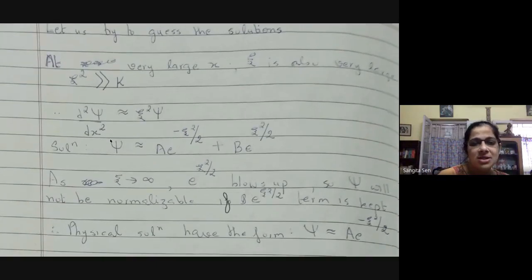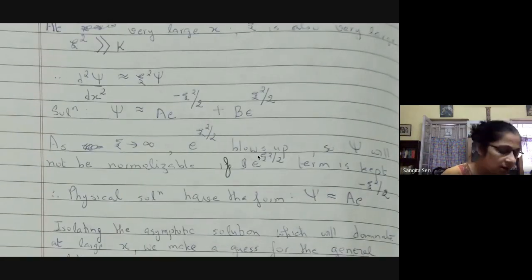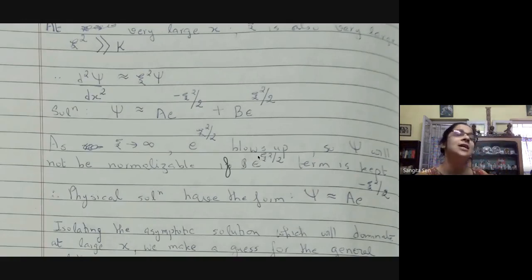The approximate solution from this equation is a standard one that is known, and that is this: a e to the power minus xi square by 2 plus b e to the power xi square by 2. This is the general solution. Now recall that for quantum mechanics, you must always find the allowed solutions, or the physical solutions, and you must discard the ones which are not physical.